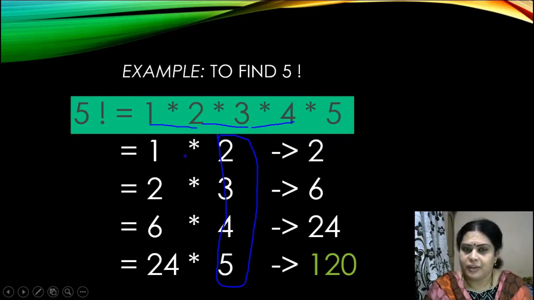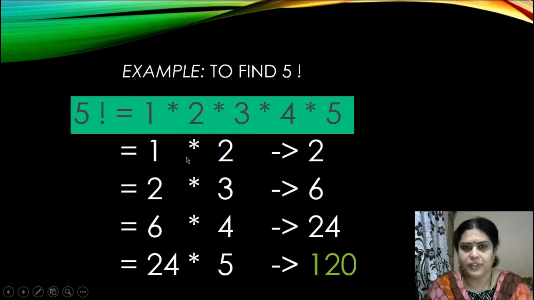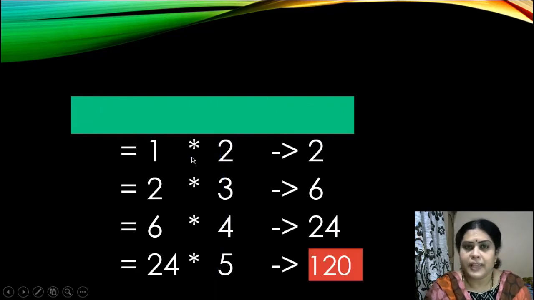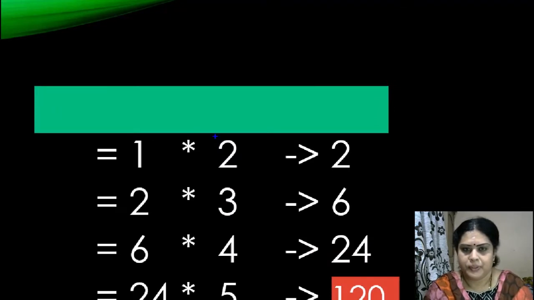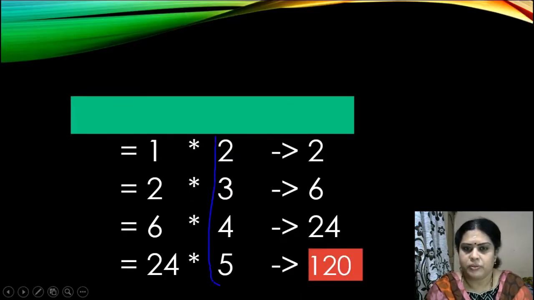If you see this, I can take these numbers, 2 into 3 into 4 into 5, and name this I. Whatever answer I am getting when I multiply, I can call it fact.